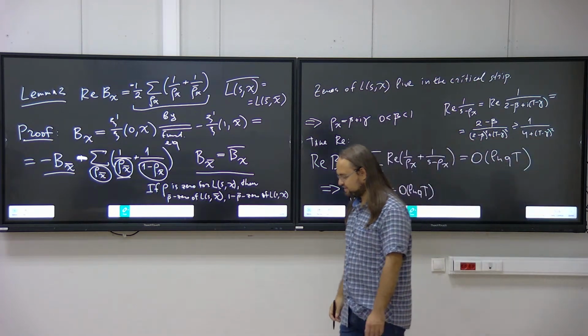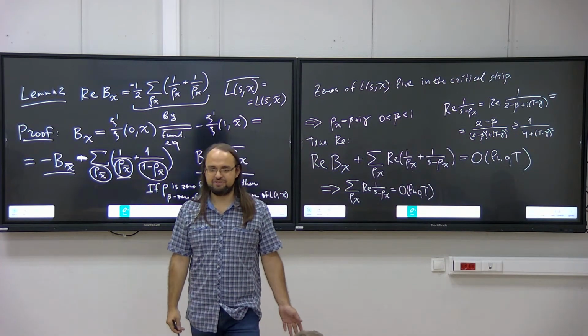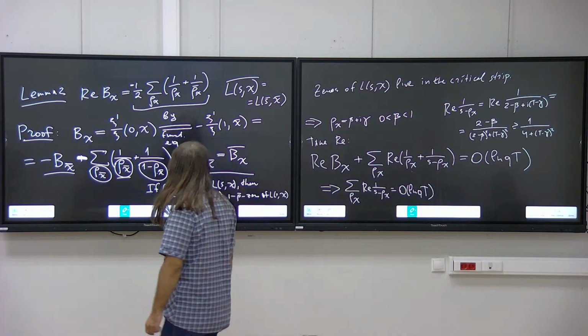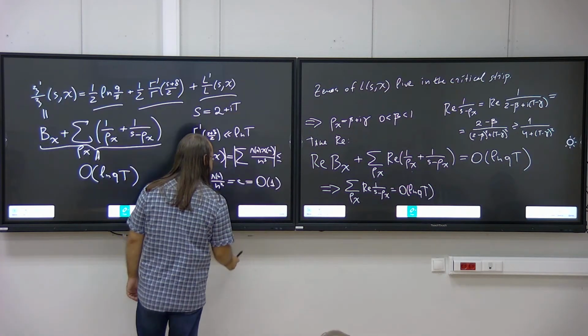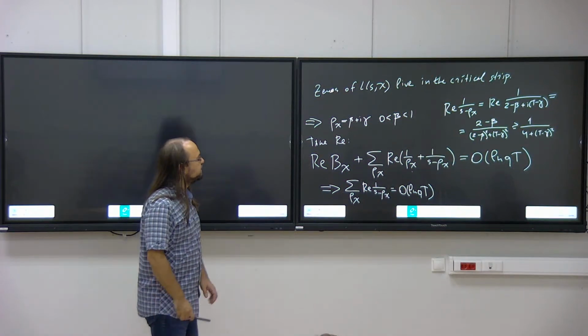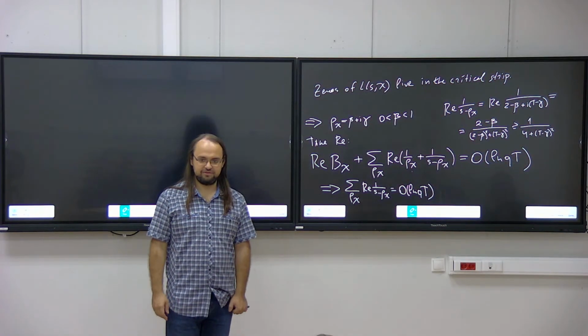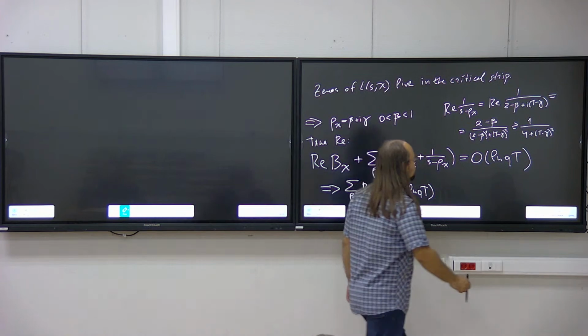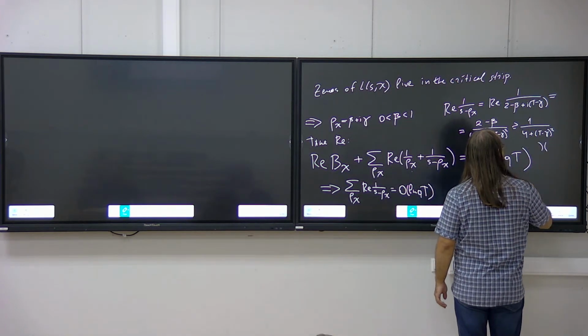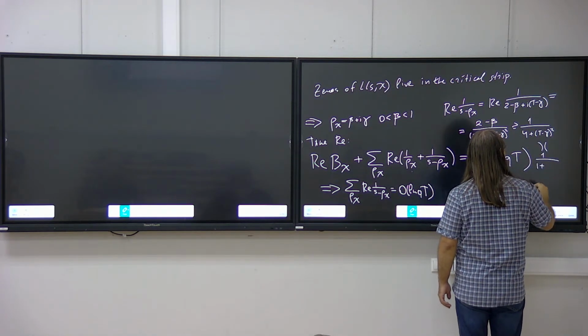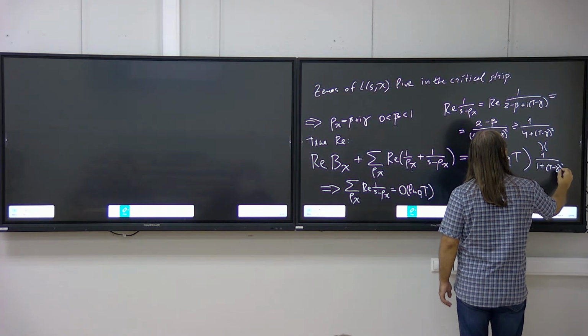And then we proceed the same way as for the Riemann zeta function, right? Okay, so this concludes the proof, because this is the same order as 1 over 1 plus (t minus gamma) squared.